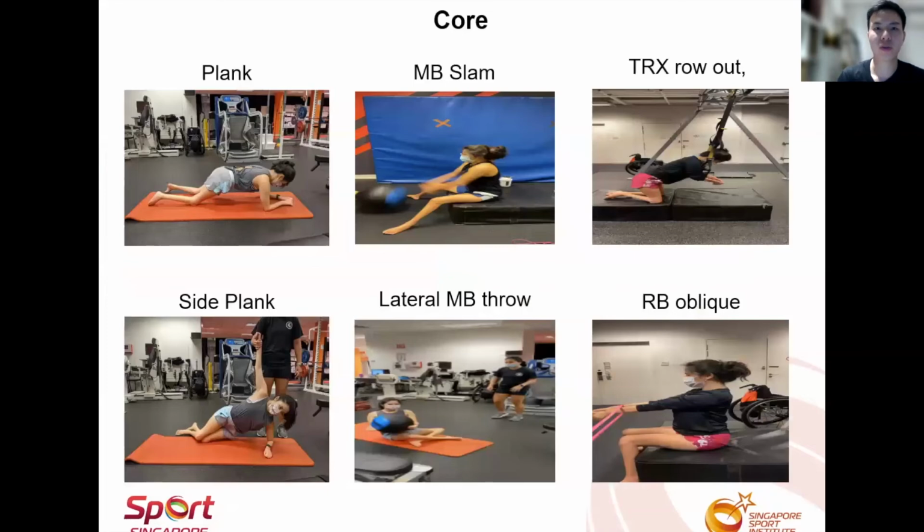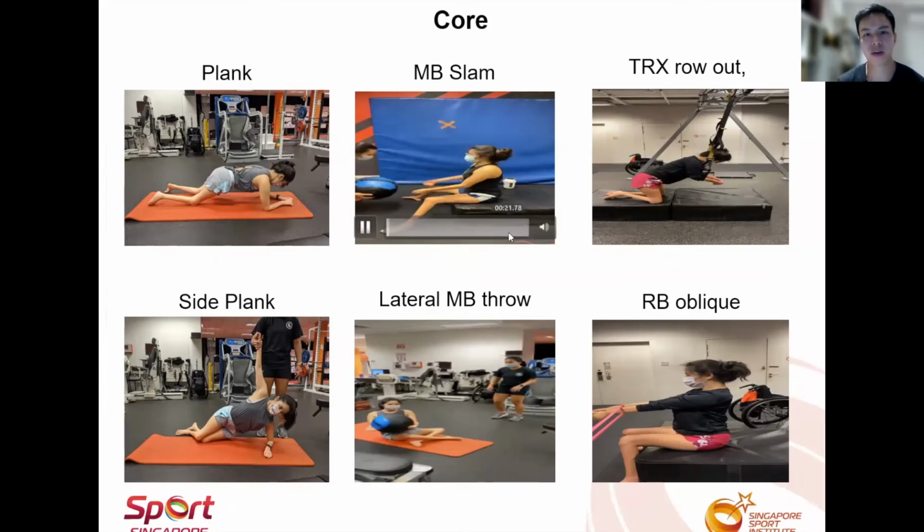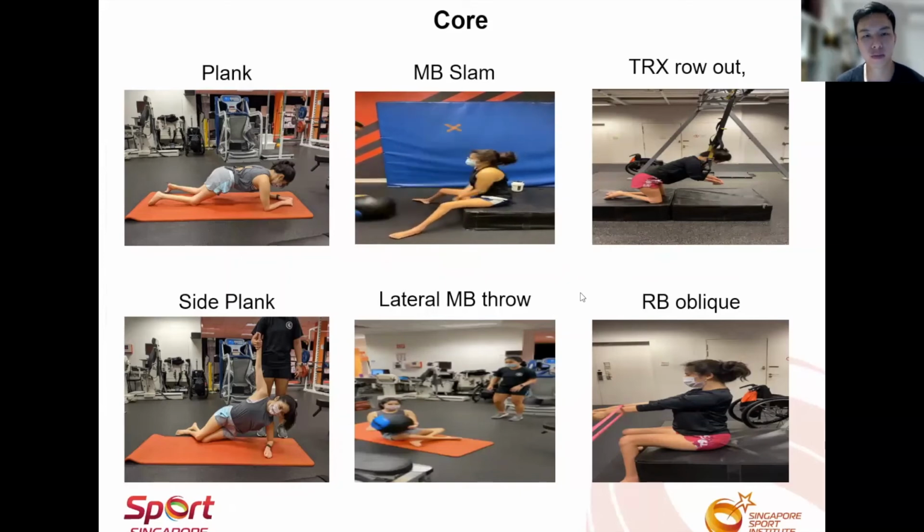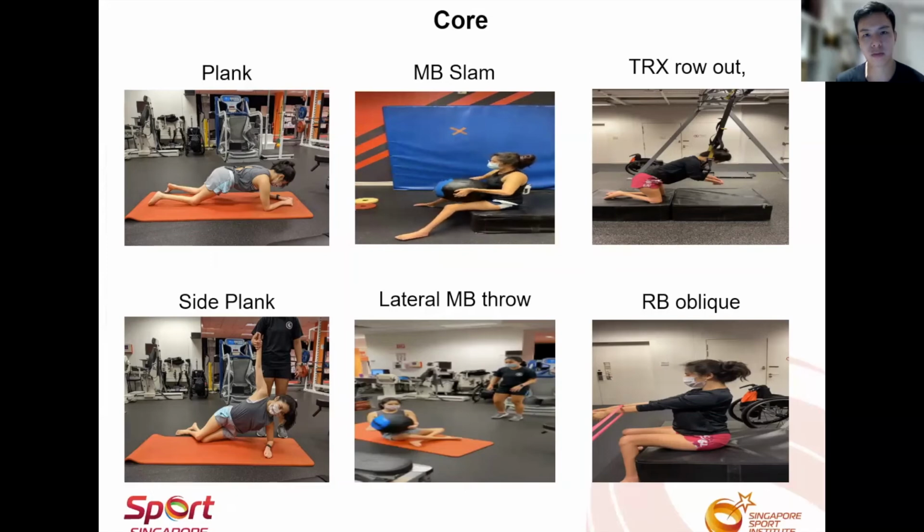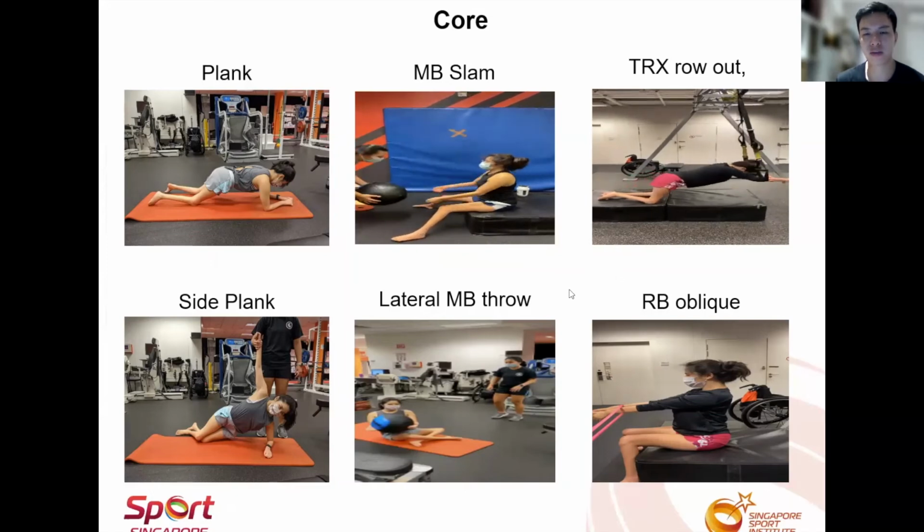Okay, we move on next to core. Same thing, there is a bit of progression through it. An example we use is a plank, a side plank. That's how we progress. For the plank, she does that. As we progress, she'll do a mat ball slam, and the TRX.